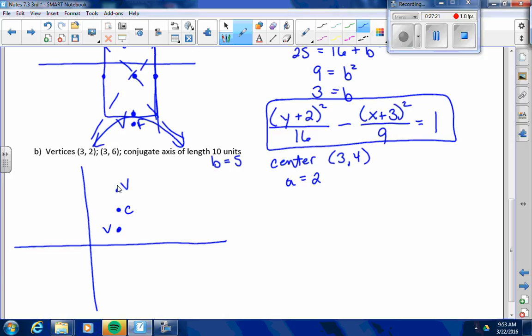Okay, so we already got the vertices, we have the center, we need to do left and right. So B to the right 5 and to the left 5. And then we draw our rectangular box. And we draw in the asymptotes. Then we can draw the hyperbola.